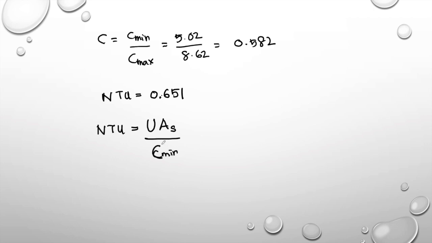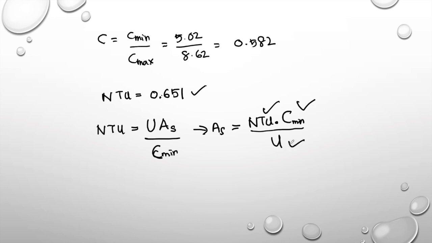So rearrange the equation: AS equals NTU times C minimum divided by U. You already know NTU, and C minimum you already know. The overall heat transfer coefficient is already given in your question. So substitute all the values, and you will get the area. AS is equal to 5.11 meter square.